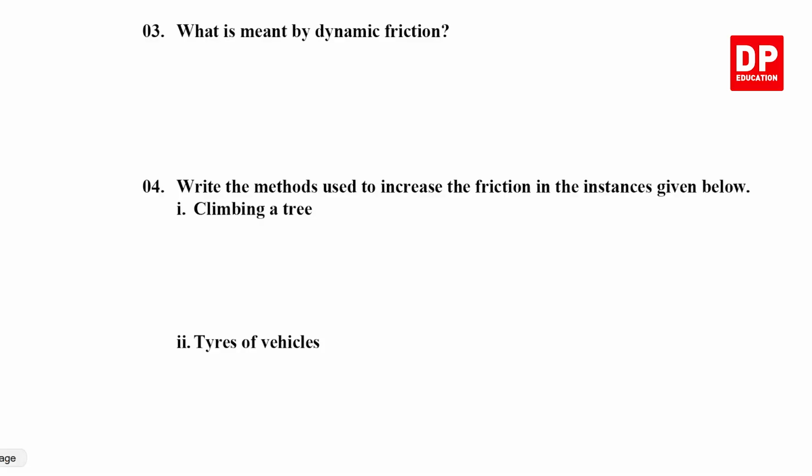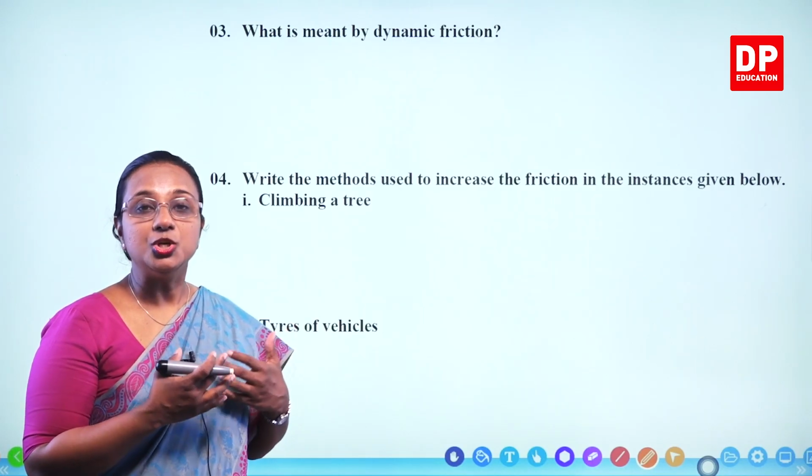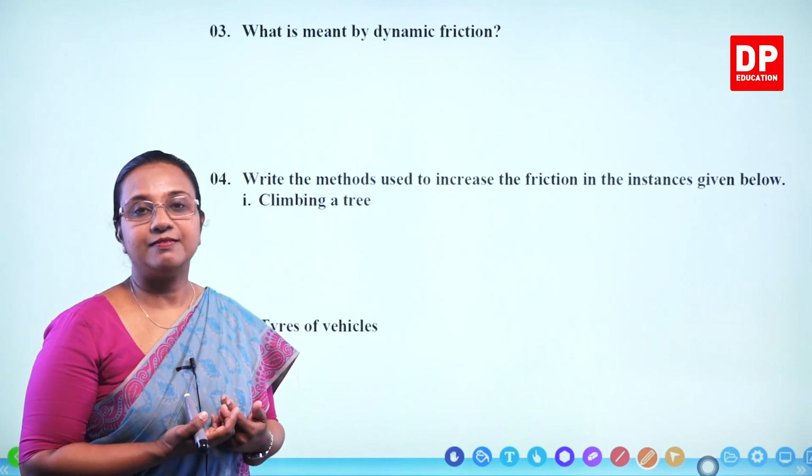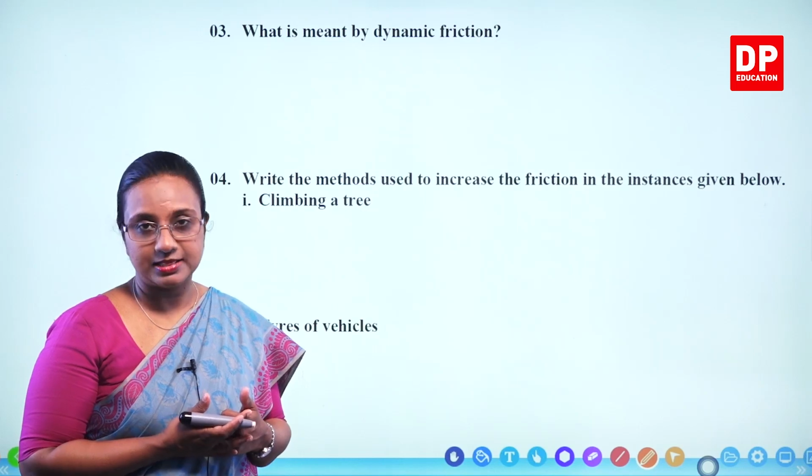What is meant by dynamic friction? This is the state of friction when 2 objects in contact with each other are moving relative to one another.